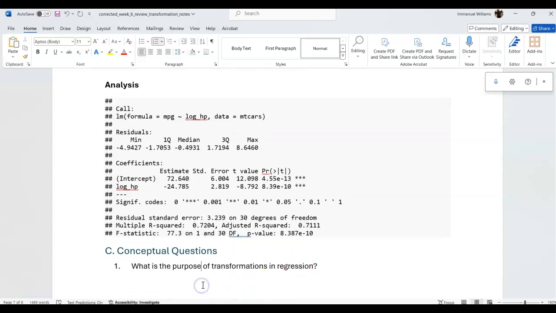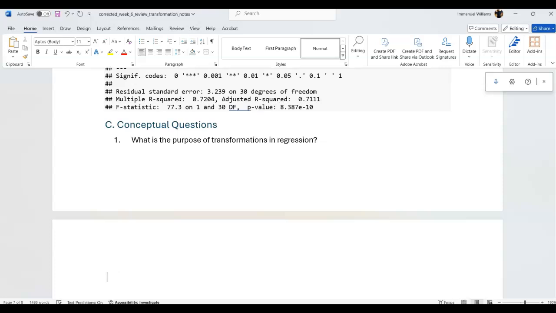Okay, so the primary purpose of the log base 10 transformation in this situation, I'm just going to put it right here, is to make the relationship between horsepower and miles per gallon more linear.